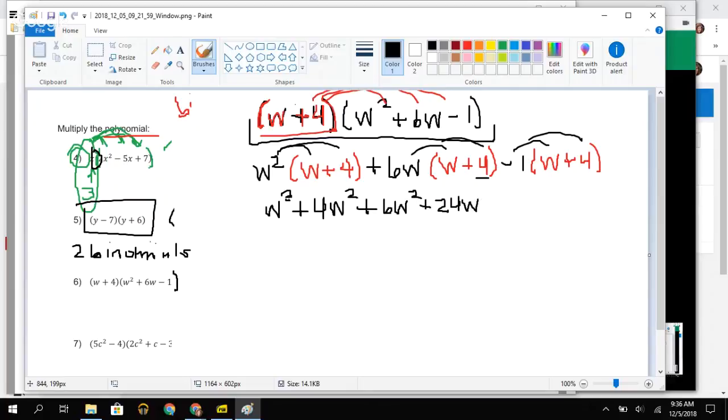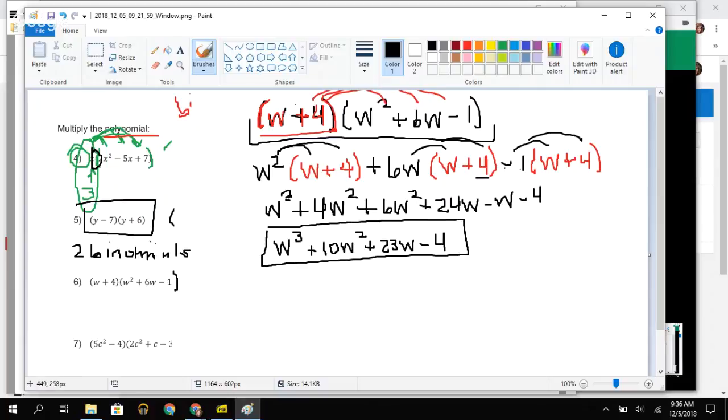Okay, and then minus 1 times w is minus w, minus 4. So then the last thing I have to do is combine these together, and I get w cubed plus 10w squared plus 23w minus 4. So that's what this would be rewritten as. And in all of these, all we're doing is rewriting the polynomials without parentheses. That's what we're basically doing in all these problems.